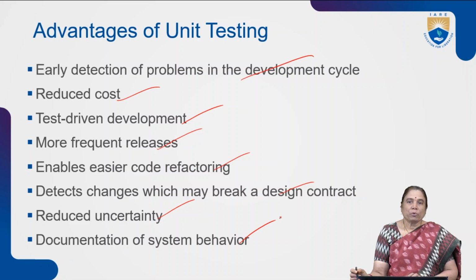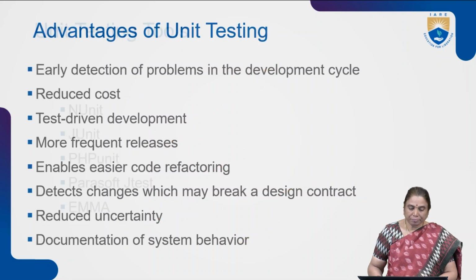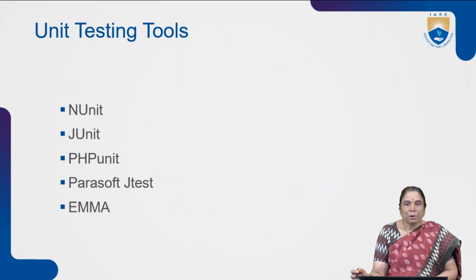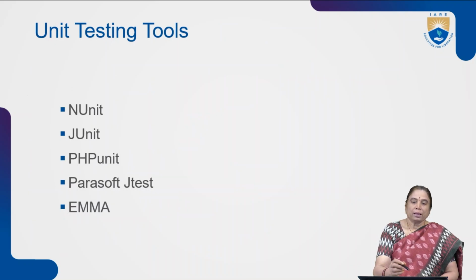So maximum code coverage is achieved with the help of unit testing, thereby it reduces cost, increases the test-driven approach and reduces uncertainty. Popular unit testing tools are NUnit, JUnit, PHPUnit, Parasoft JTest, EMMA.